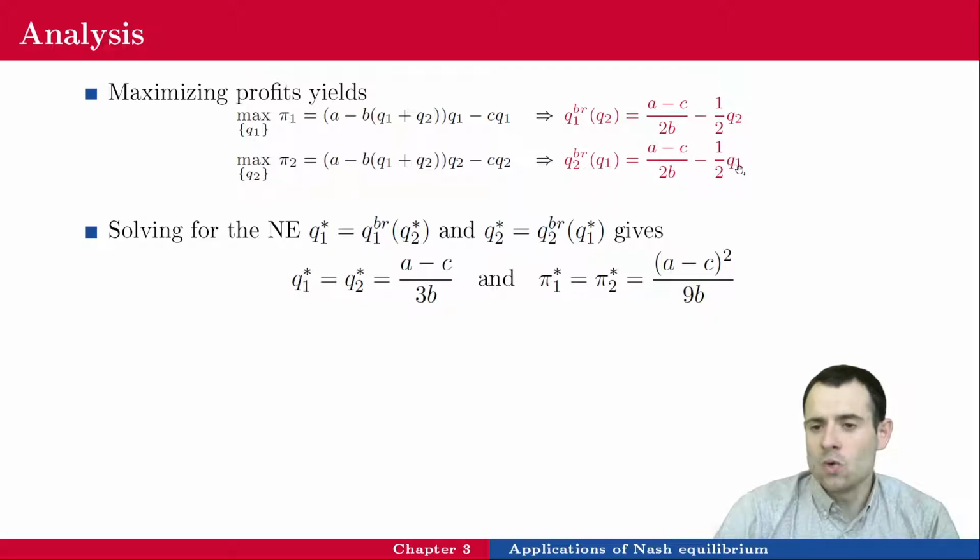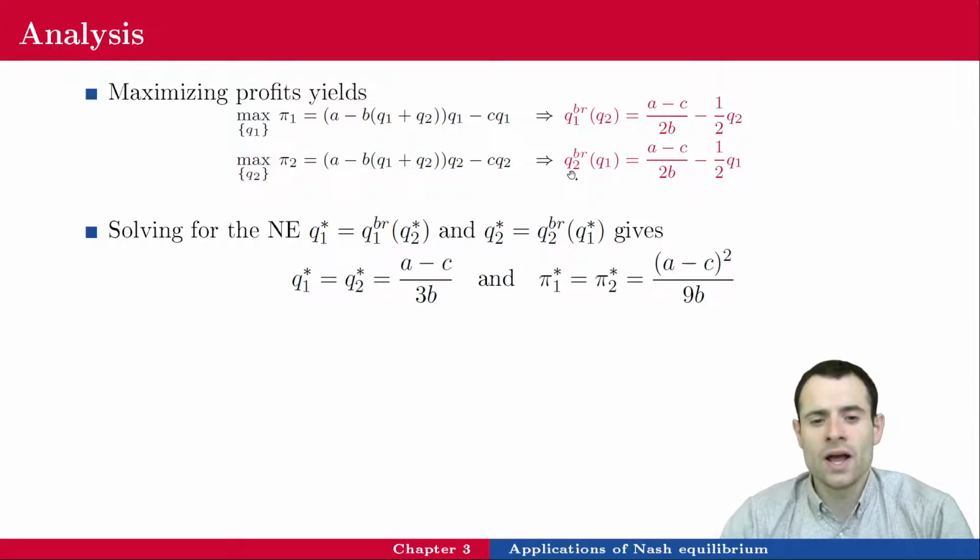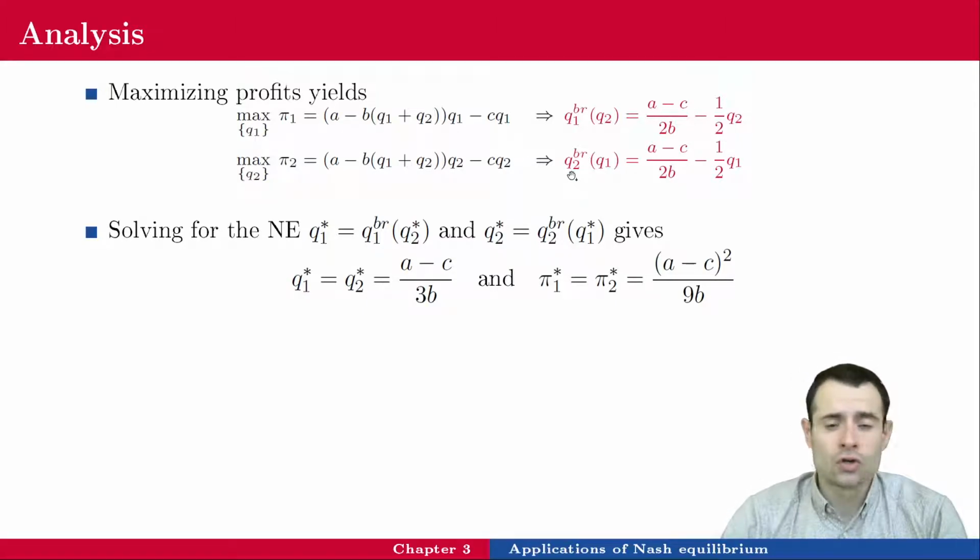And if you replace Q1 by this expression, now the second equation will only contain Q2. There's going to be Q2 on the right, and there is Q2 on the left. You can solve this equation and find the Nash equilibrium. It is a system of two equations, two unknowns. No more, no less.